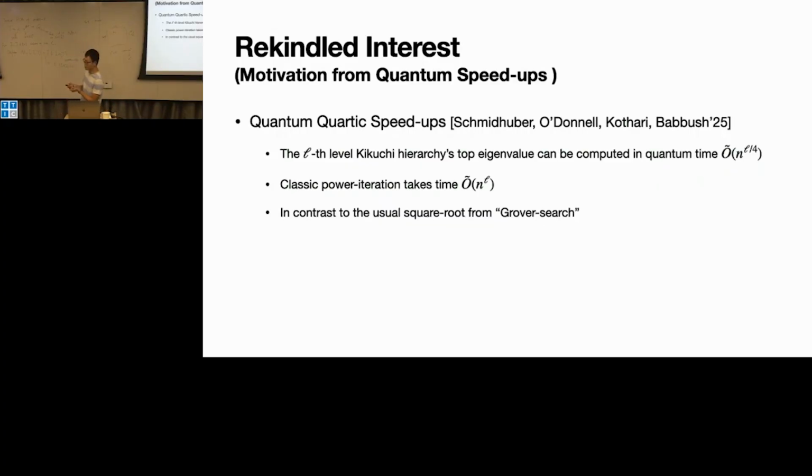But classical power iteration, because you need to write down a matrix of n to the l by n to the l, takes time n to the l. So it gives you a 1/4 saving in the exponent. And this is interesting because usually we only expect a square root saving from a black box reduction.